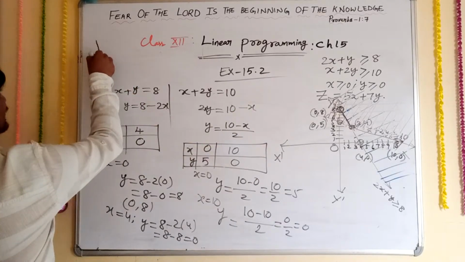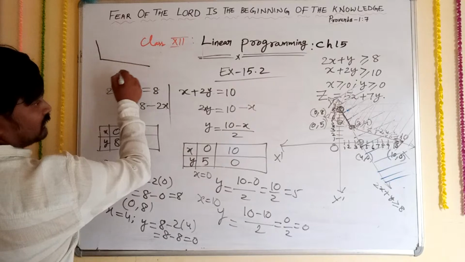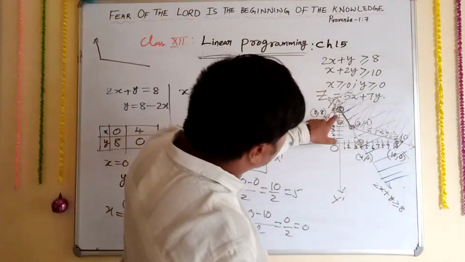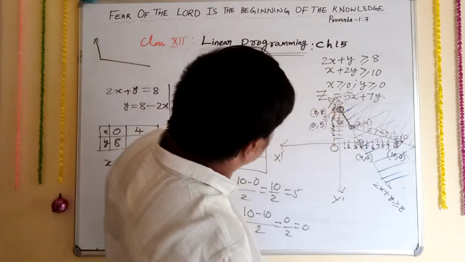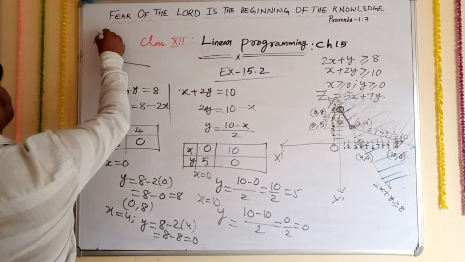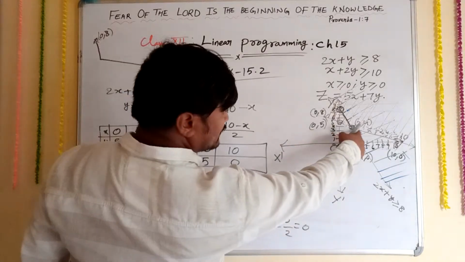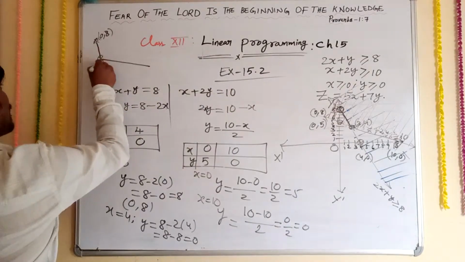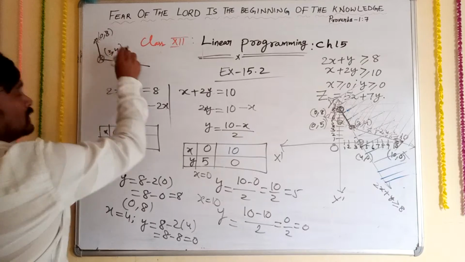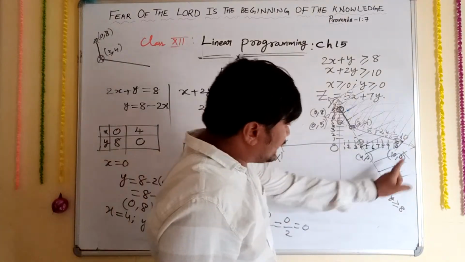So how was that line? Right here your first point. This point is 0 comma 8 and next point 3 comma 4 and next point here 10 comma 0.